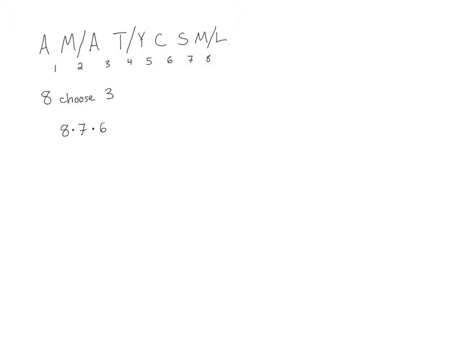But that's not the whole thing. We've actually overcounted. Look at the example that we have above. The example that we have above comes from if we put a slash in the second slot, and then a 4th slot, and then the 8th slot. But what if we had instead started with the second slot, and then the 8th slot, and then the 4th slot?